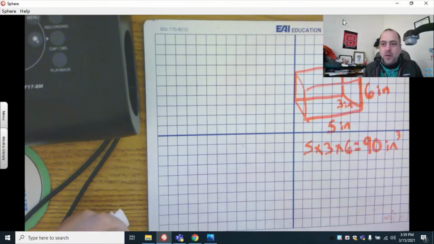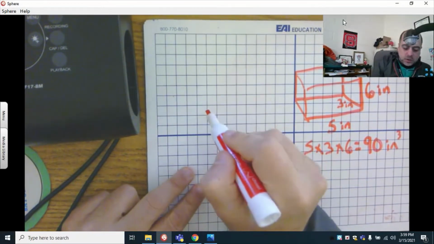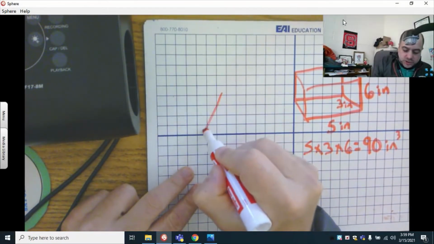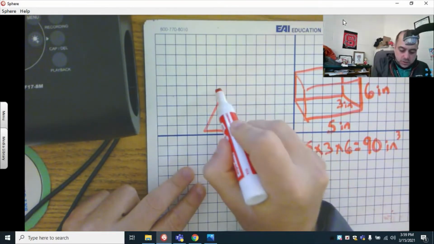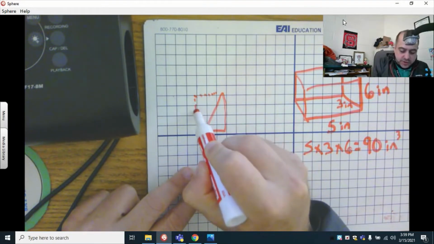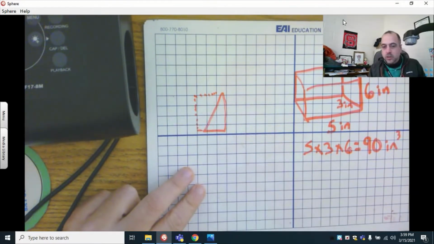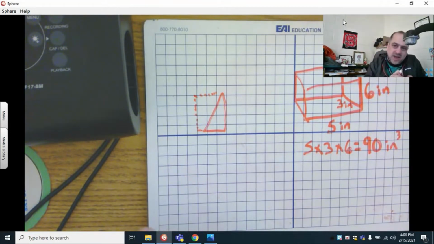Alright, now let's talk about triangles real quick. So remember from earlier that a triangle was actually half of a rectangle, right? Remember we could draw the other half right here and make a rectangle? So remember when you did a rectangle, you just did length times width. But when you did a triangle, you did half length times width, or base times height.